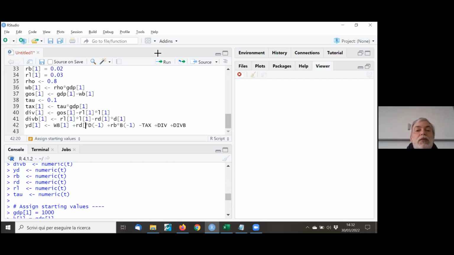Either way works, but I think BB is in more case letters. You're right. RD1 times D1 plus RB1 times B1 less tax1 plus D1 plus DB1.